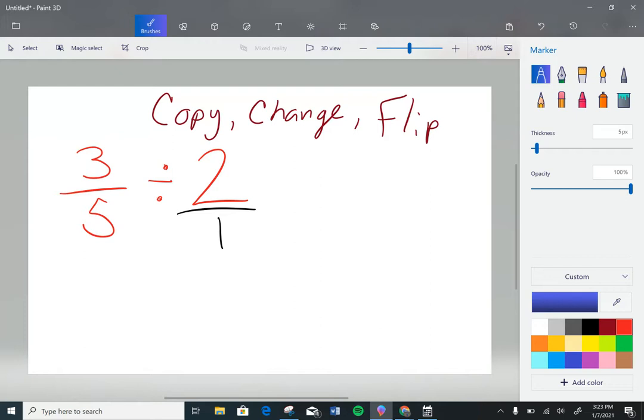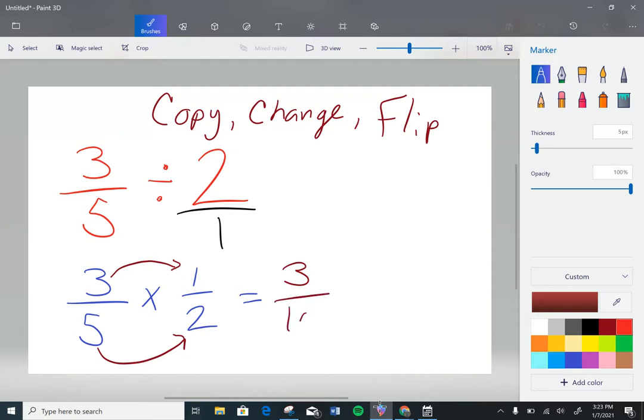Then I copy, change my sign, flip my fraction. 3 times 1 is 3, 5 times 2 is 10, and this is in simplest form.